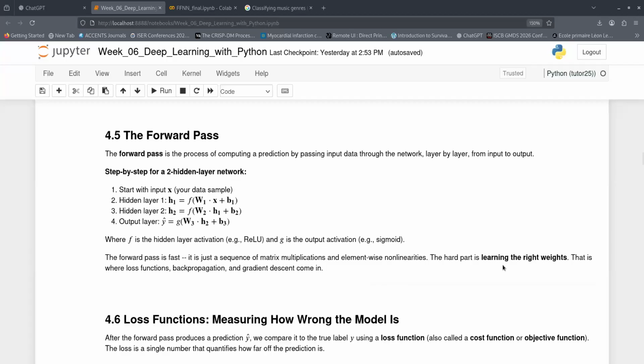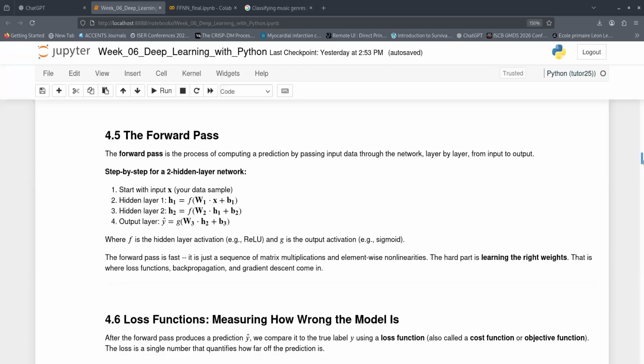So it's just going to adapt the weights. And that's where we have the notion of loss functions, backpropagation, and gradient descent. Those notions come because of the hardest part of this, learning the right weights.